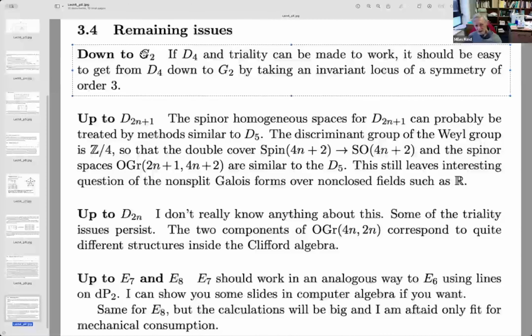So G2, the algebraic group G2, is described casually as the symmetry group of the algebra of octonions. If you're a pure algebraist, this makes sense to you.